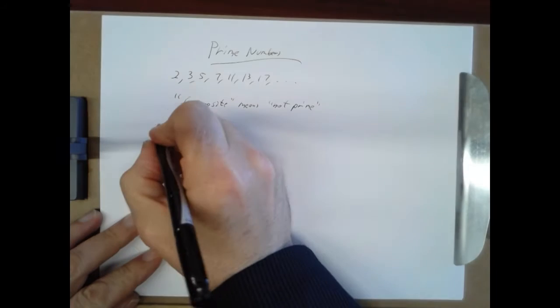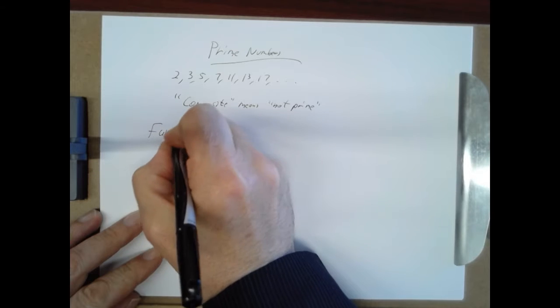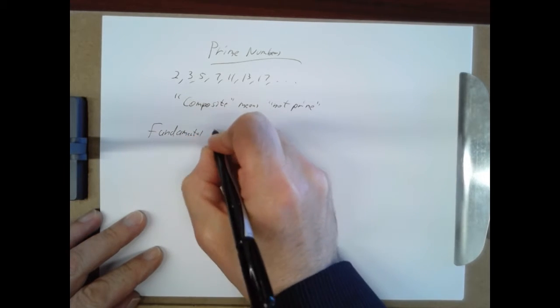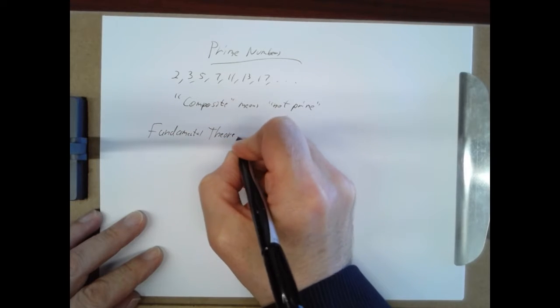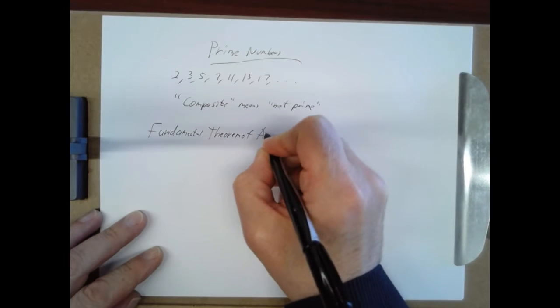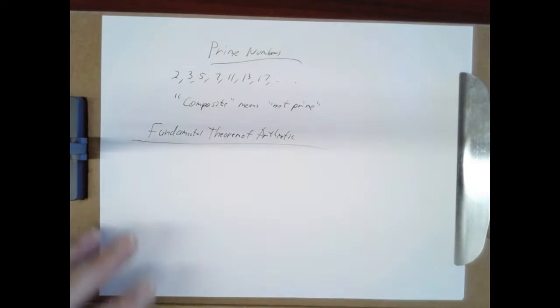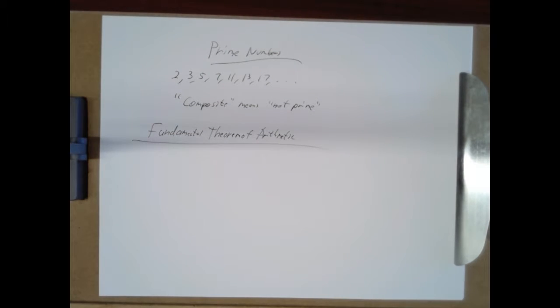So there's a theorem called the fundamental theorem of arithmetic, which makes it sound pretty important, which it is. The fundamental theorem of arithmetic basically says that any number can be factored uniquely as a product of primes.